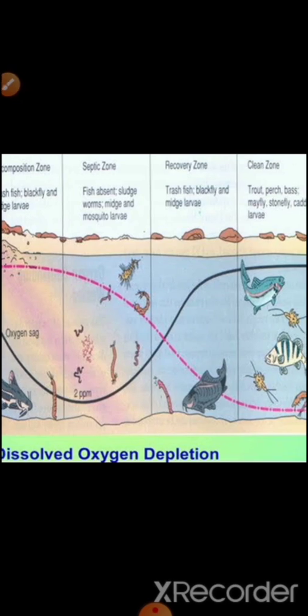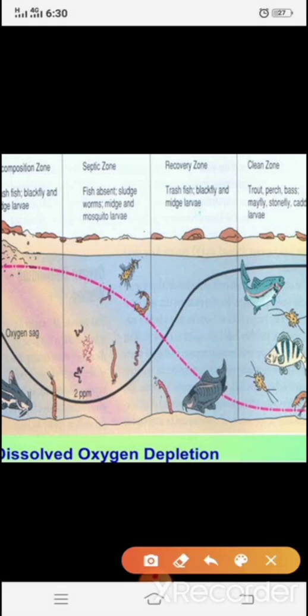Now here is something to be clarified: the oxygen, while being depleted, is being consumed by the microorganisms, but at the same time the oxygen is also entering into the system as well. So this is called reoxygenation.